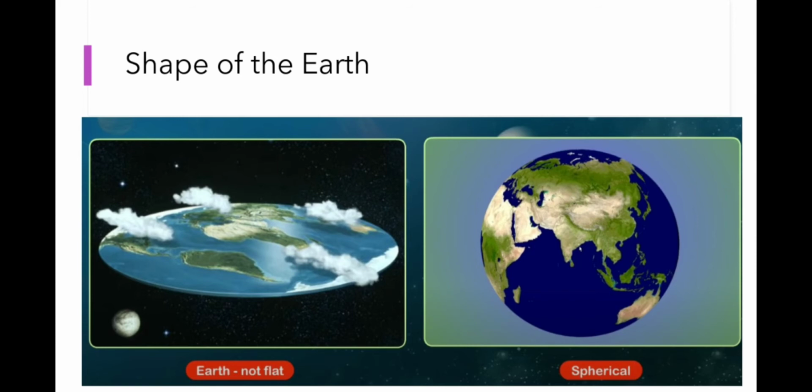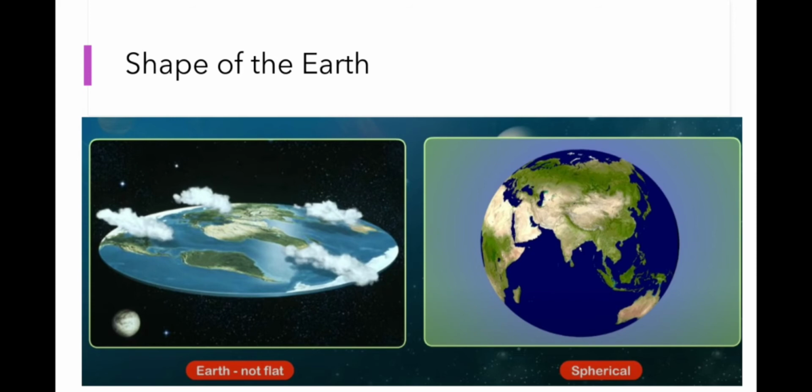Through this, people came to know that the ship is going round rather than falling off a cliff. If Earth were flat, the ship would have fallen. But it goes round, and this proved that the Earth was spherical.